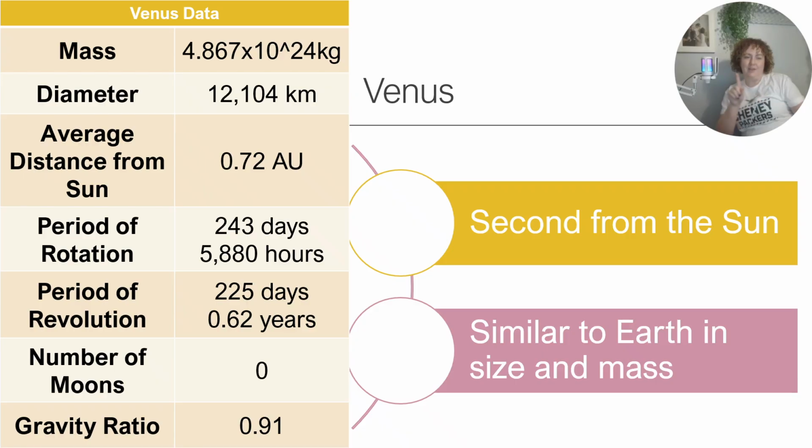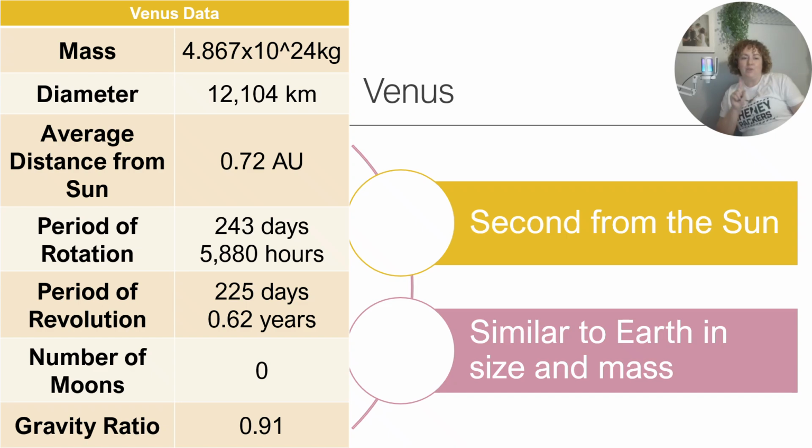Because of that clockwise rotation and where it is within our solar system, its day is roughly 5,880 hours here on Earth, which is about 243 days. So Venus's one day is actually longer than its year. Just crazy.